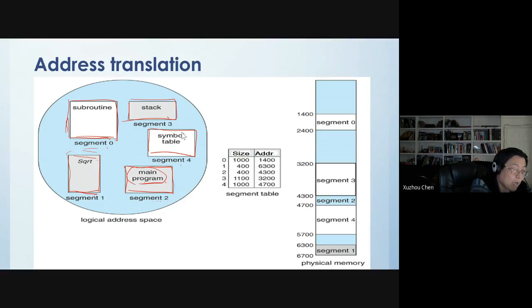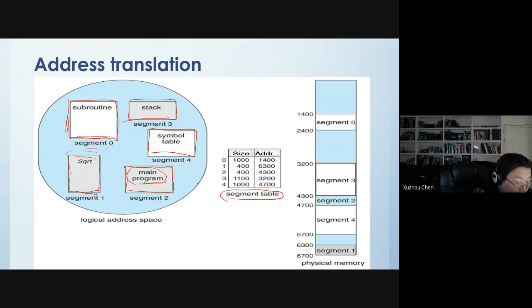Okay. Now when I allocate the memory, I need to allocate each of the segments. Instead of allocating the whole program, I allocate each segment. Now here's the segment table for this program.